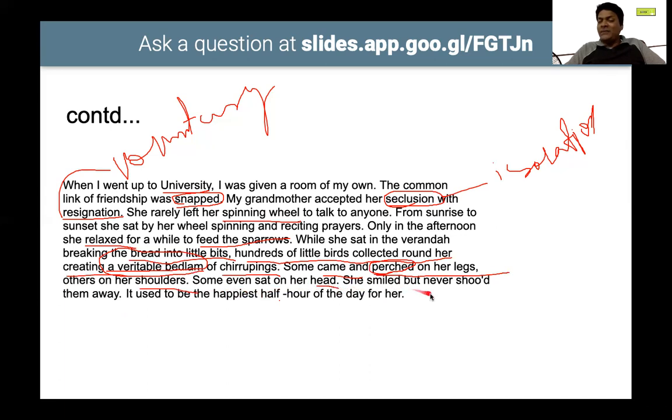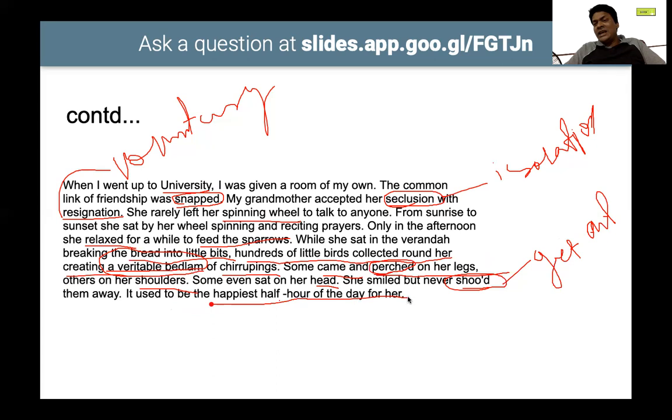She smiled, but she never shooed them away. What do you mean by shoo? It means to make them go away, to say get out. She never shouted at them, right? She believed that it was the happiest happy hour of the day for her.